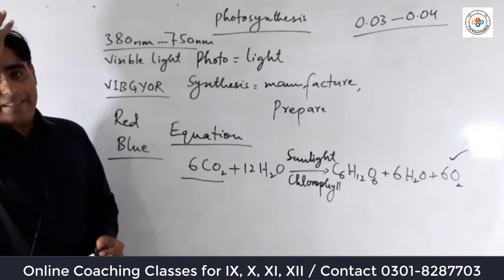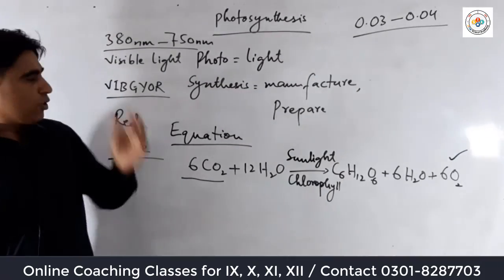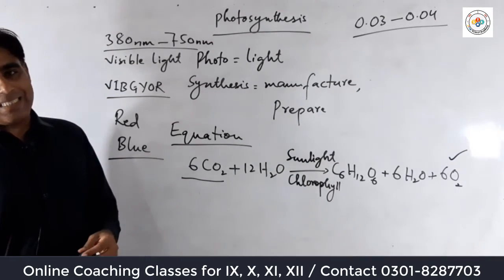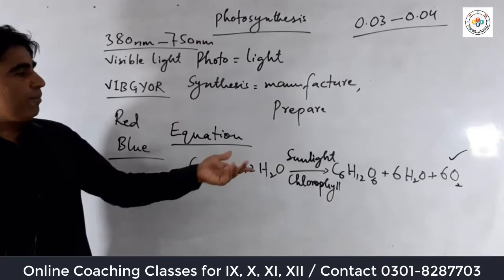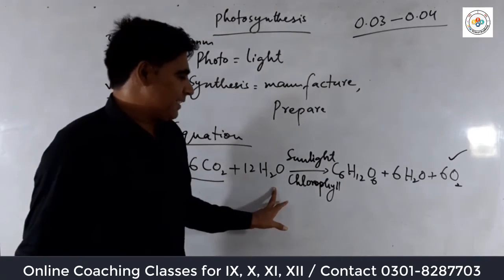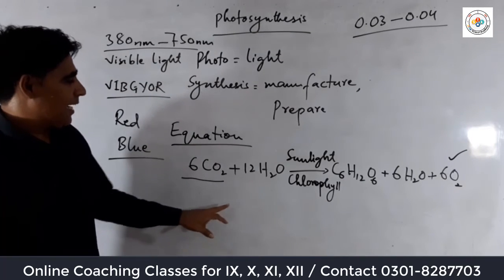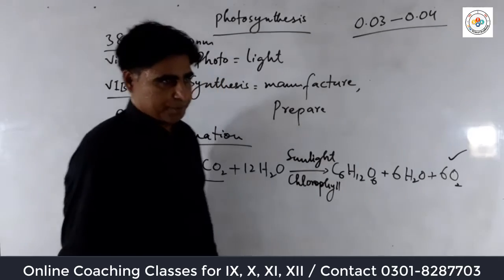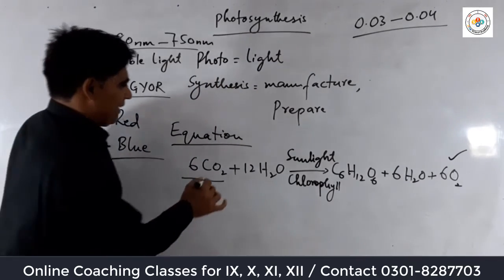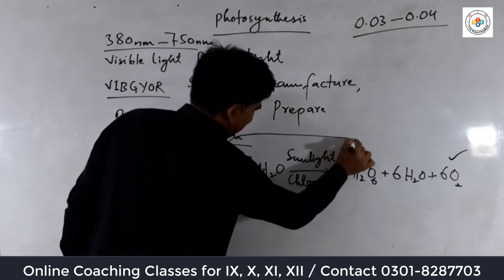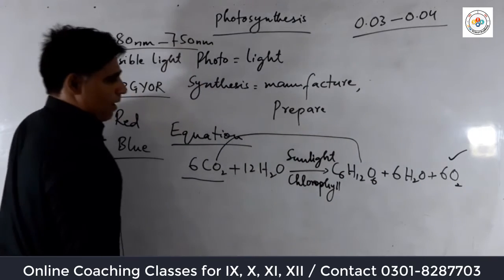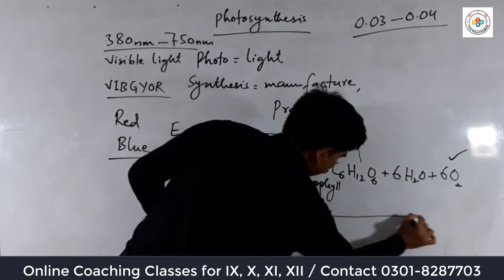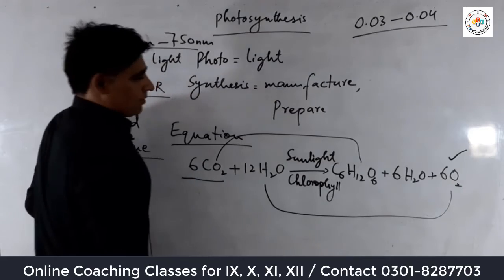Water is known as a proton donor and electron donor to carbon dioxide, because it helps to form glucose. Water donates hydrogen ions and electrons to carbon dioxide to form glucose. So there is a reduction of carbon dioxide to form glucose, and water is oxidized to form oxygen.